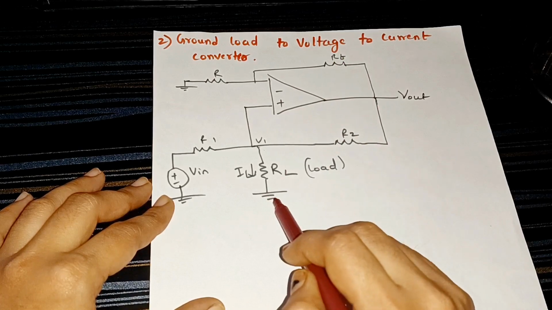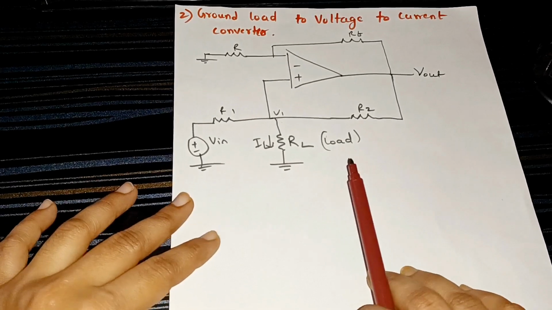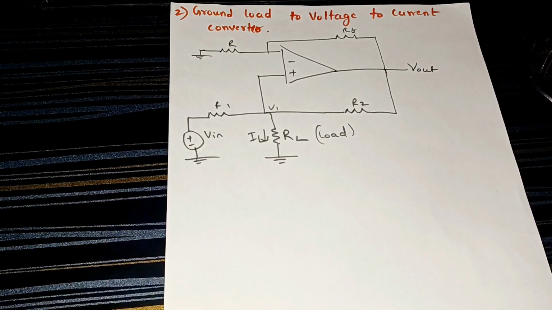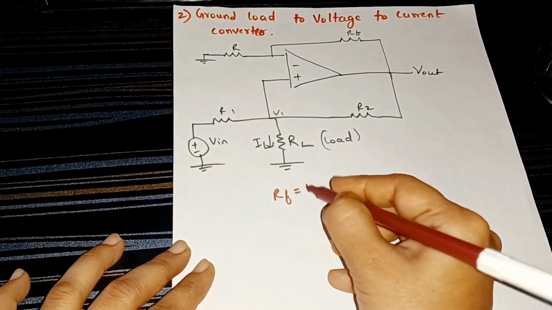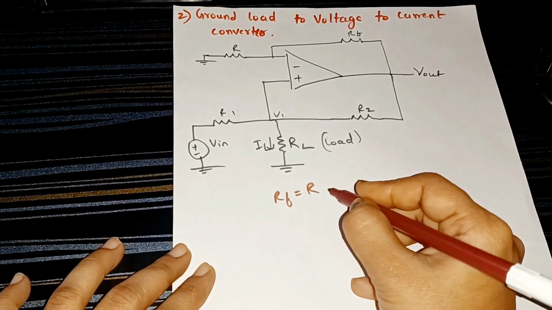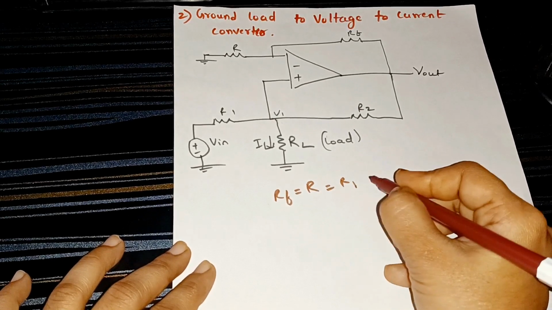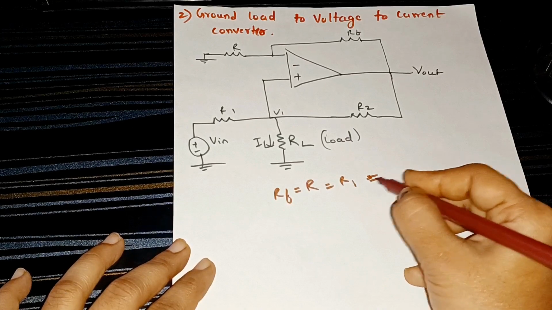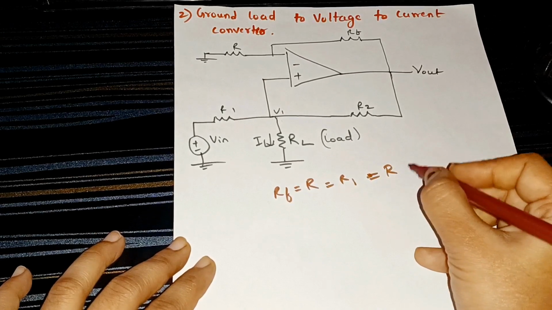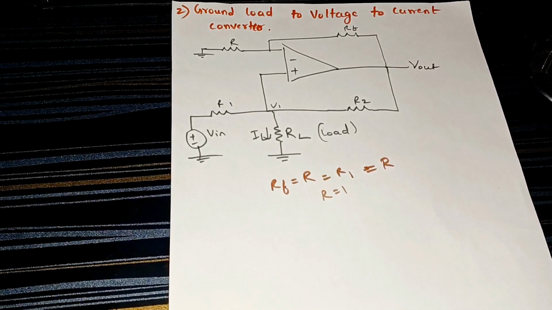Here we are connecting the load directly to the input signal. Before starting, we can say that RF equals R equals R1, which is nothing but R, and we can assume R equals 1.